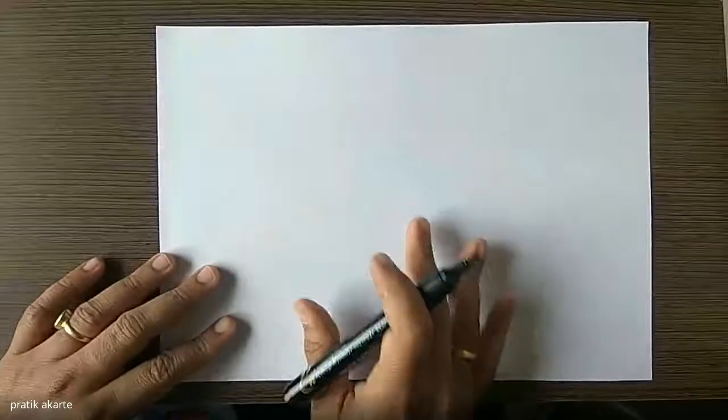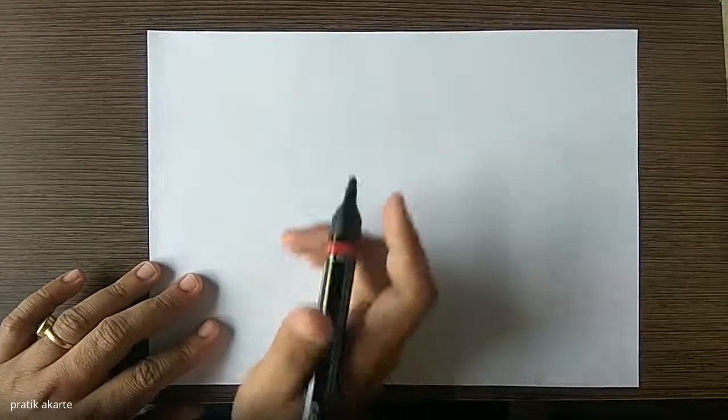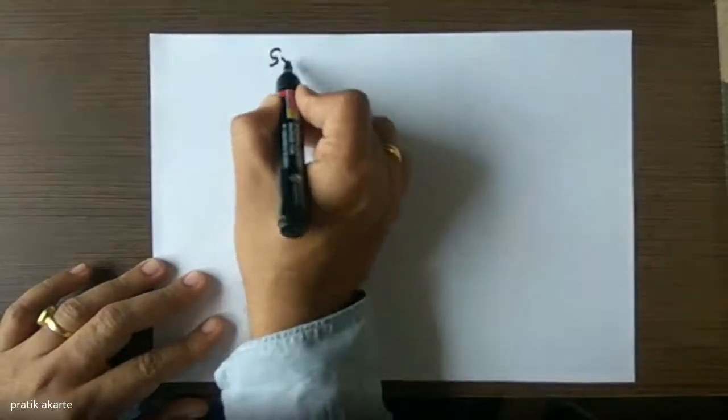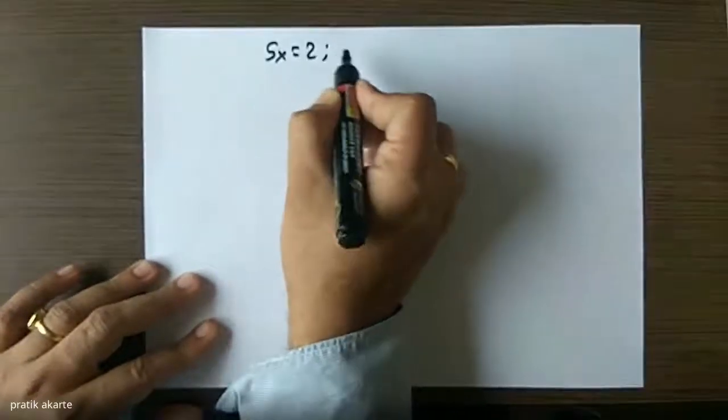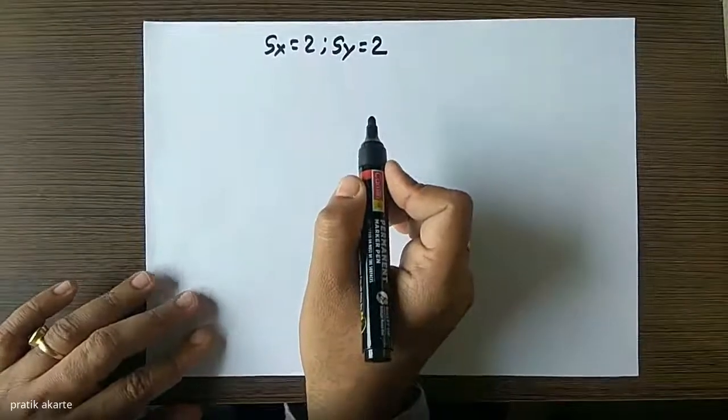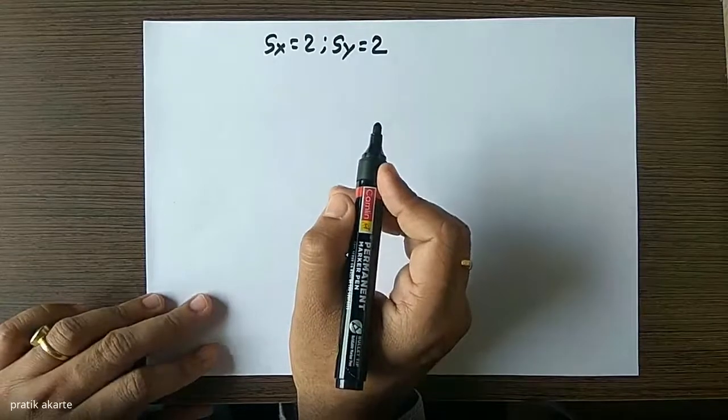Now, moving forward, now the triangle is to be scaled twice. Okay, so Sx is equal to 2 and Sy is also equal to 2. Your triangle needs to be scaled.